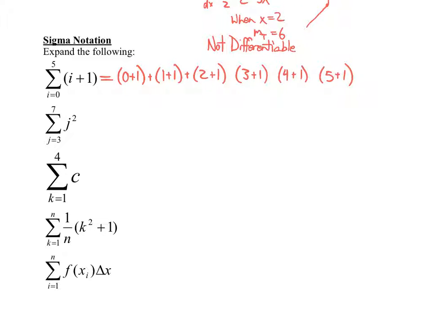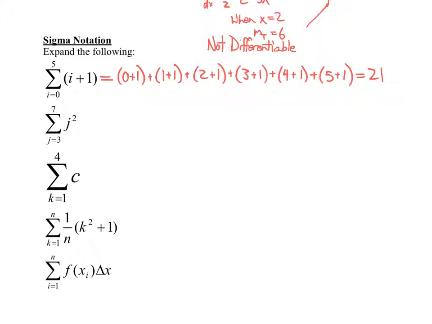When I get to 5, because 5 was that top number. Then I take each of those and I add them all up. Okay? So I have a 1, a 2, a 3, a 4, a 5, and a 6. So 21 is what that would add up to. Okay? That's pretty simple.